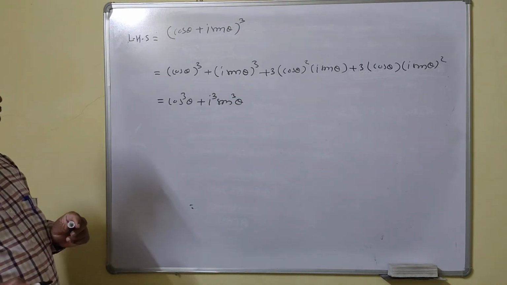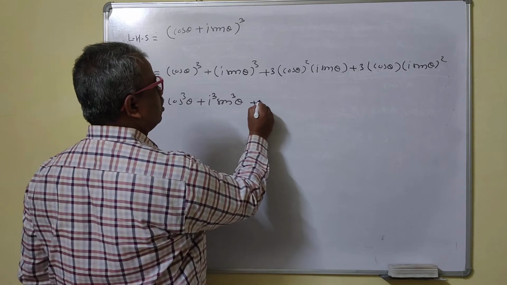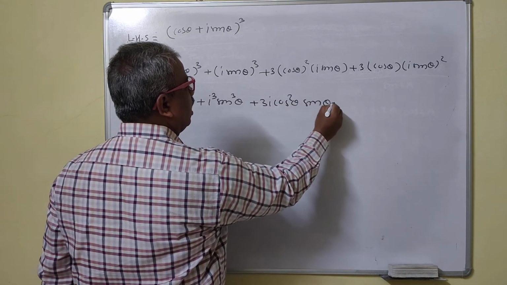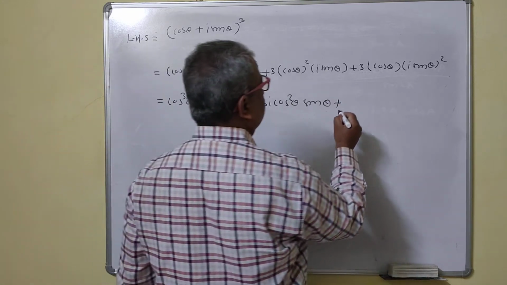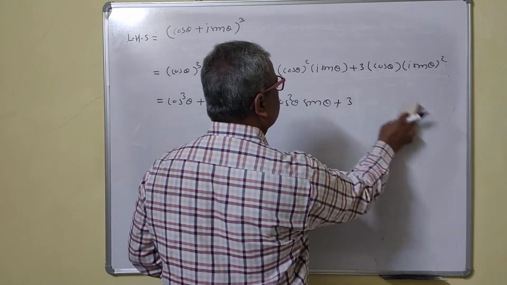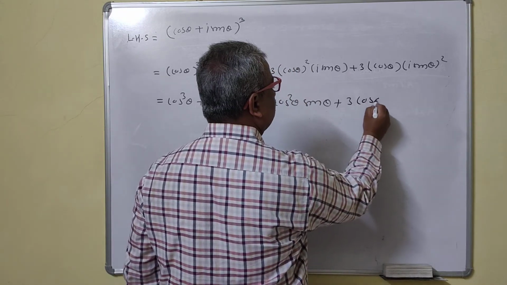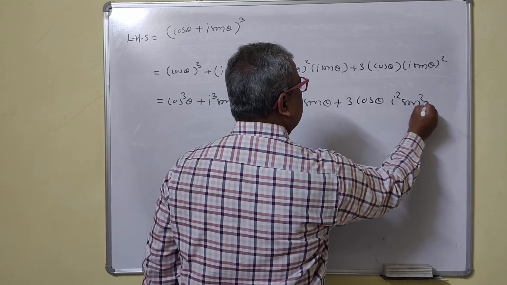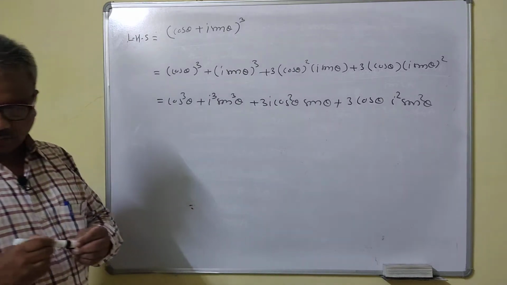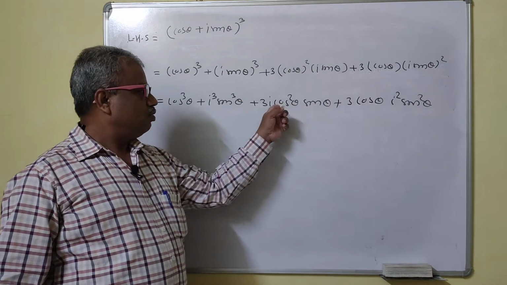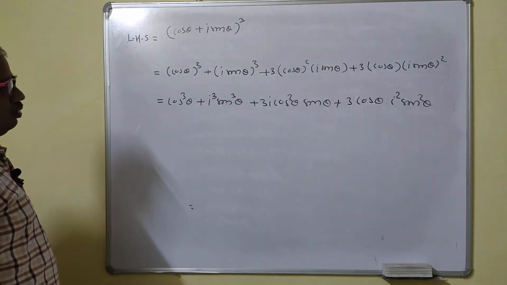Right? i cube sin cube theta. Plus 3i cos square theta sin theta. Plus 3 cos theta, no need for bracket now, 3 cos theta, i square sin square theta, right? So this is i sin theta, so this is 3i sin theta, right?